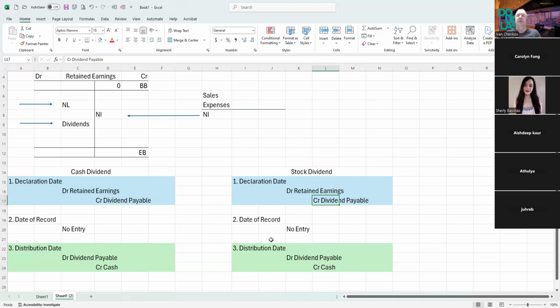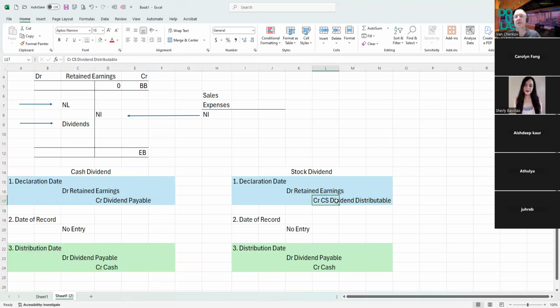So now the question is, if we don't have a dividend payable, what exactly do we have? Which account are we going to create? Well, we're going to credit an account, which will be common shares dividend distributable.